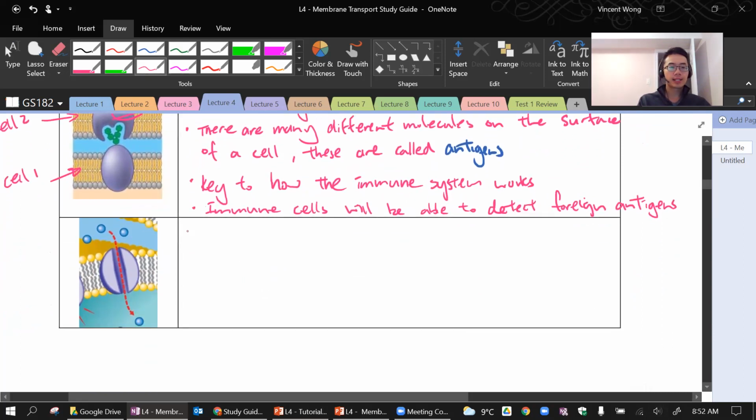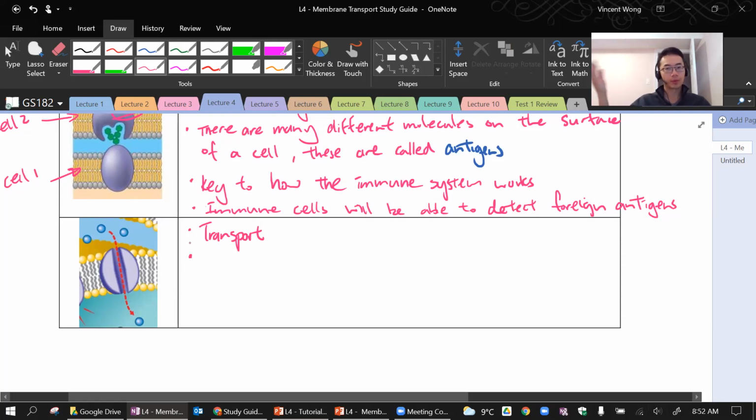Okay. Next is transport. Because the phospholipid bilayer is primarily hydrophobic, a lot of things will not be able to go through. Things that are too big will not be able to go through either.